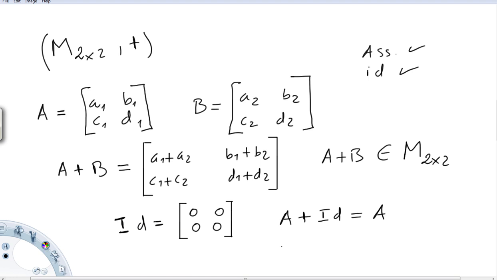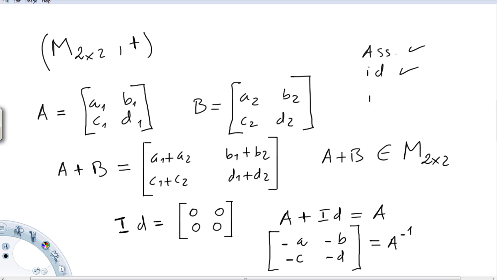Now we have to check the inverse. Well, the inverse for matrix a, for instance, will be minus a, minus b, minus c, minus d. So this will be the inverse matrix for a.